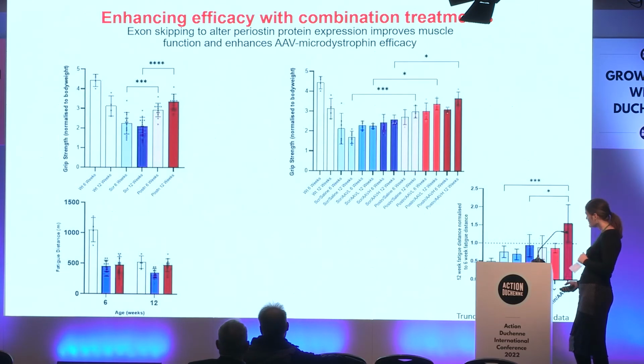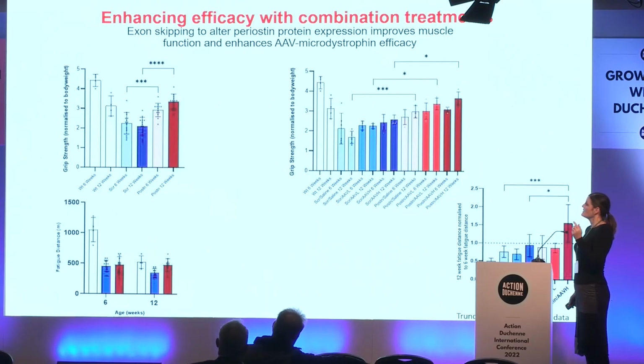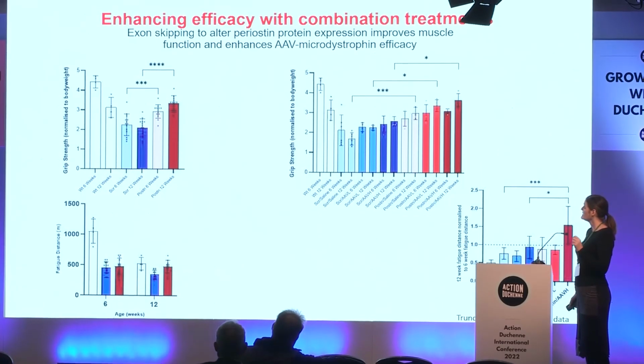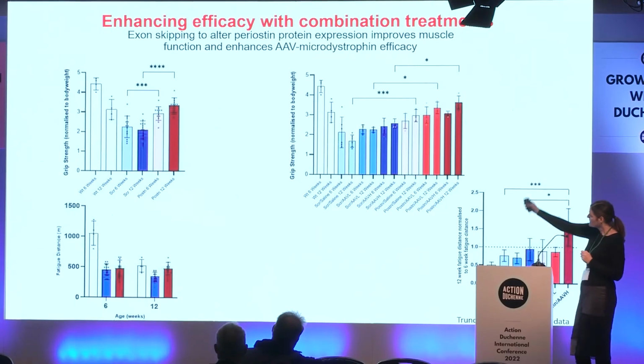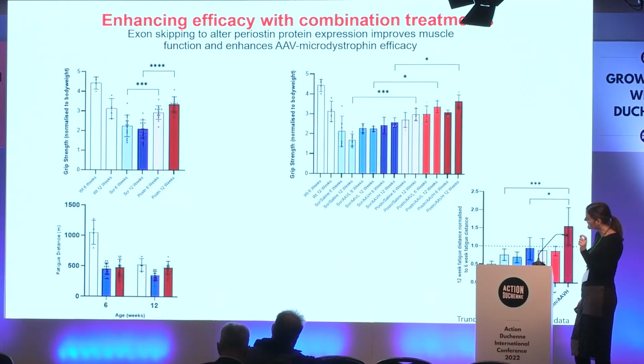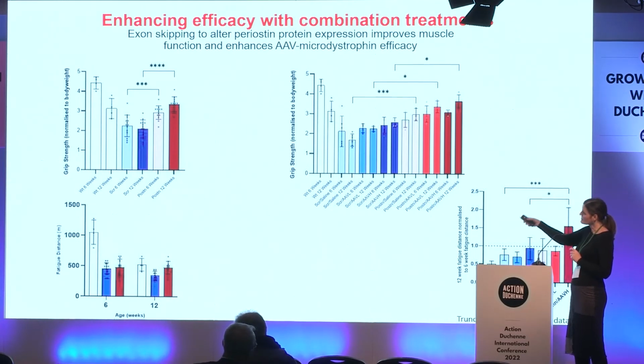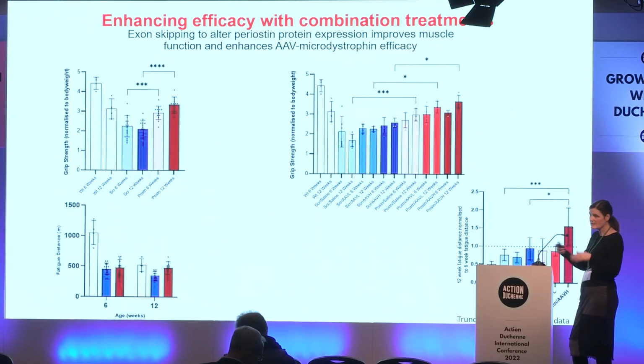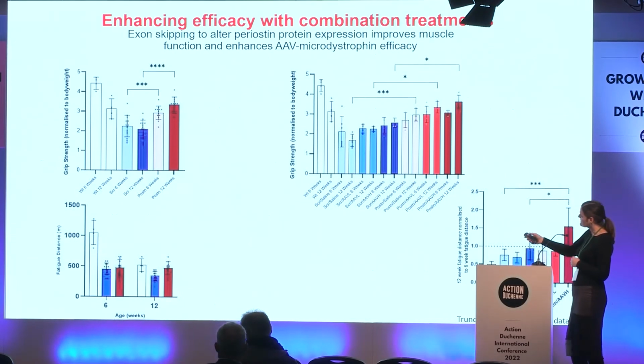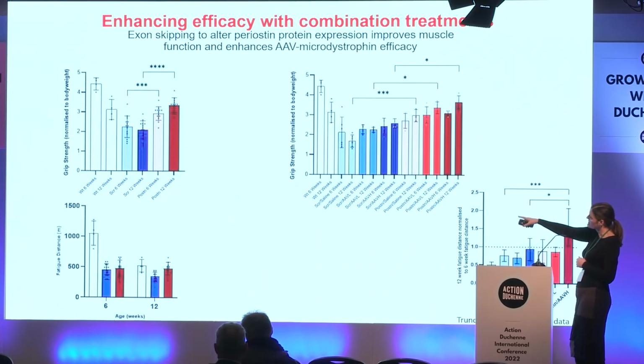And another PhD student has developed this antisense to exon 17, and she's tested it in vivo in the MDX mouse. And so on the left is just the periostin antisense on its own. She's looking at the muscle activity in terms of strength and how long the mice can run before they get tired. And the red bars are the things to look at compared to the blue.